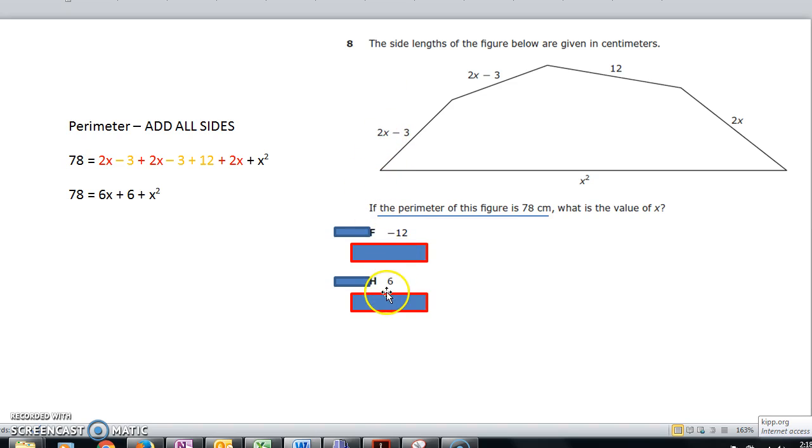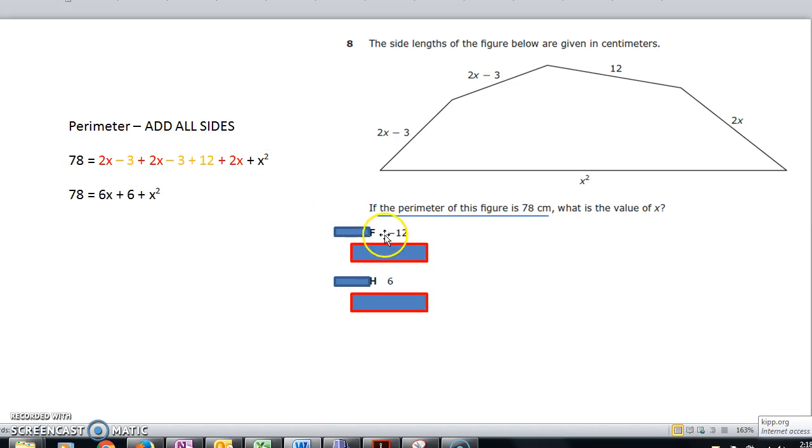If I take a 6 for x, I plug it in for all of my sides, I would get 6 times 2 minus 3, which is 12 minus 3, which is 9. Over here, same thing, 6 times 2 is 12, minus 3, I would get a 9. So I would get a side of 9, 9, 12. This one would be 2 times 6, so this would be 12. And then this one would be 6 squared, which is 36. So that seems to work out okay. I don't see any issues with that.